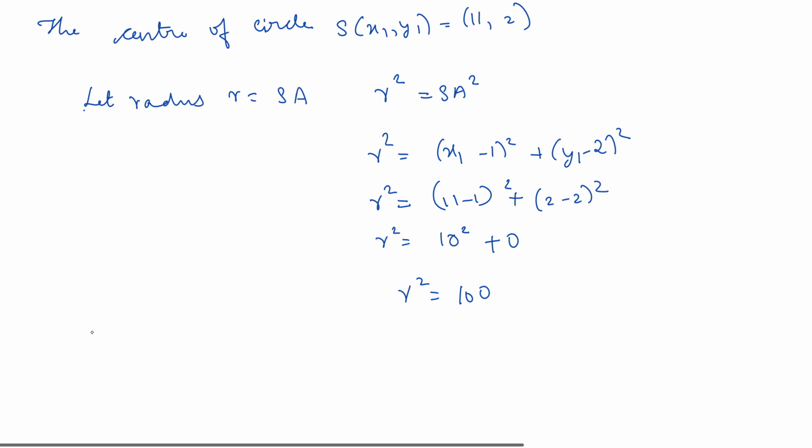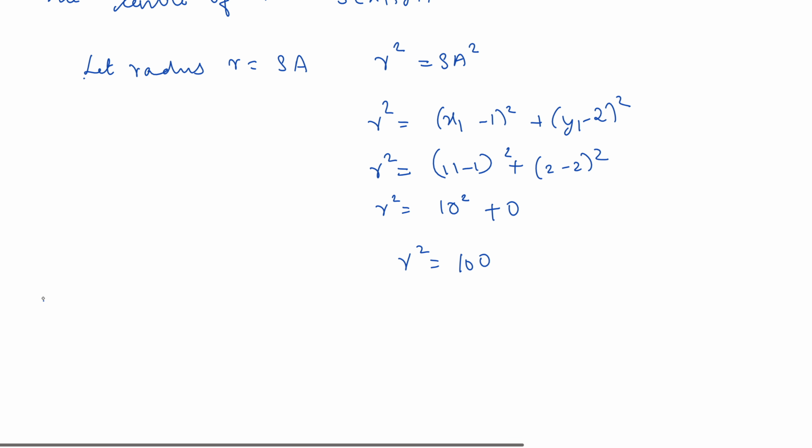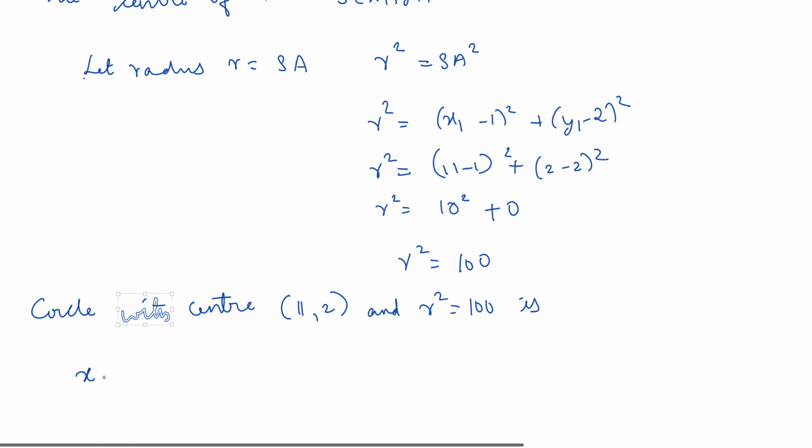Now we will find the equation of the circle. So the circle with center (11, 2) and R square equal to 100, what is the equation of the circle? (x minus x1) whole square plus (y minus y1) whole square equal to R square.